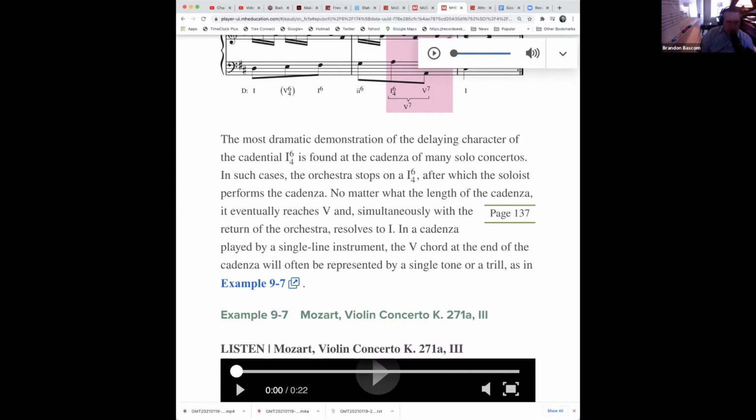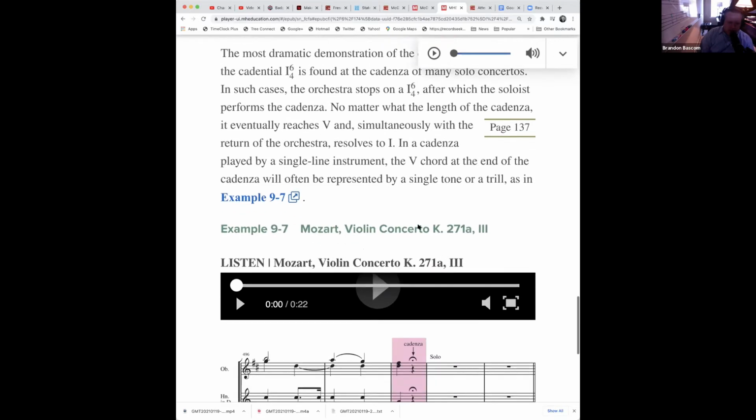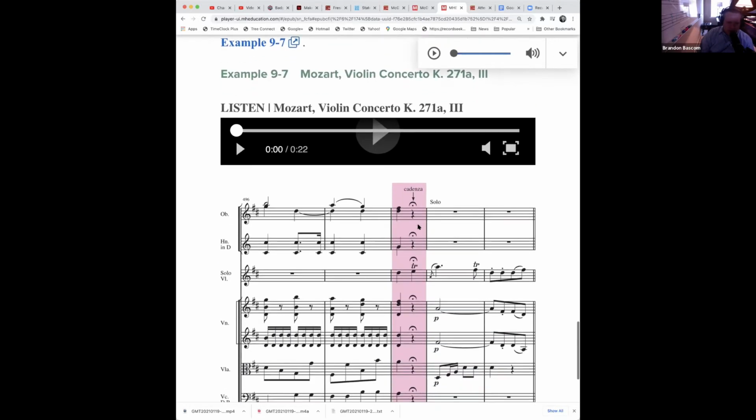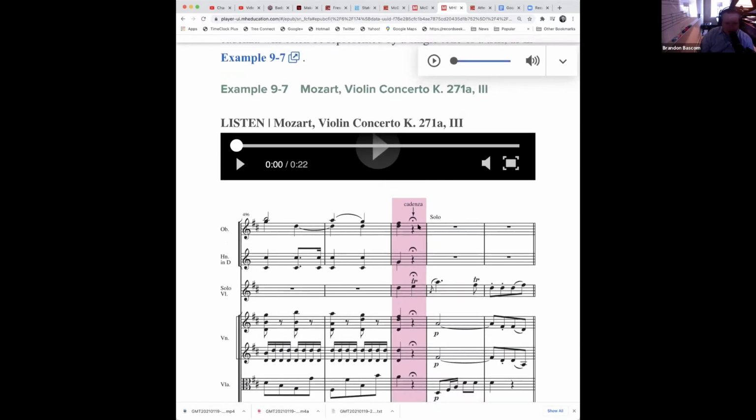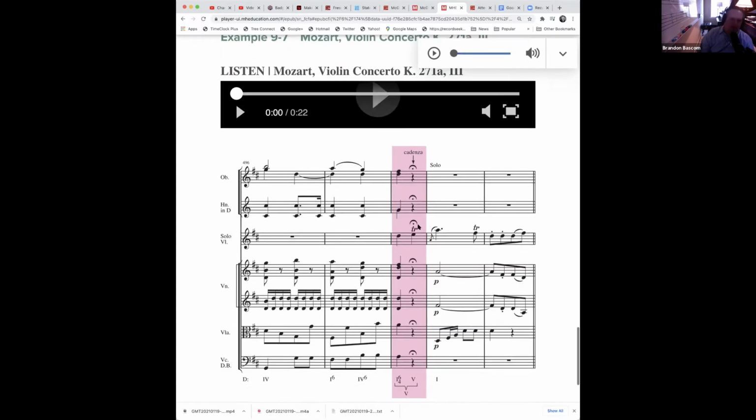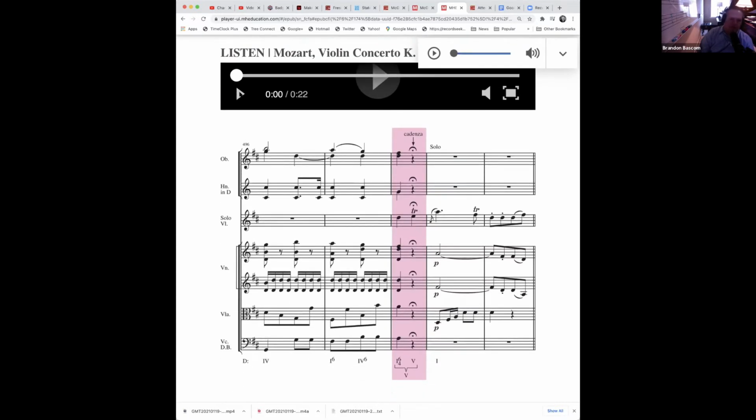In a cadenza played by a single line instrument, the dominant chord at the end of the cadenza will often be represented by a single tone or a trill, as in example 9-7 from the Mozart Concerto, Commercial 271A, third movement. Example 9-7.